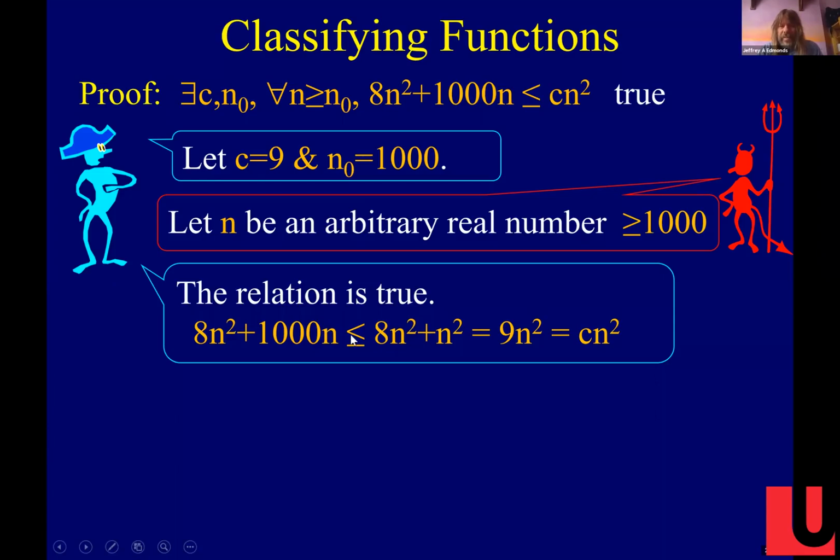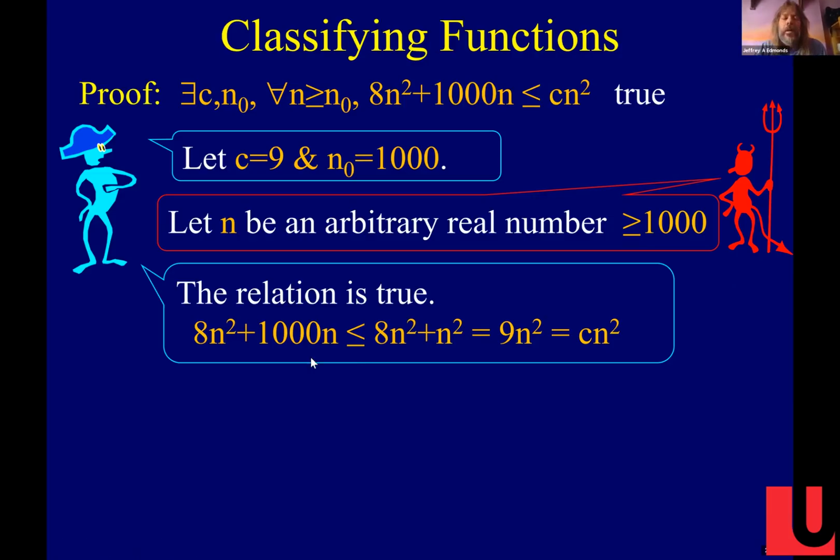We can prove it right here. We have 1000n and n squared. Which one's bigger? When n is small, the 1000n is bigger. When n equals 1, you have 1000 times 1 versus 1 squared. But what we care about here is big n.